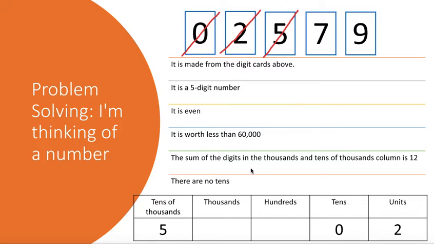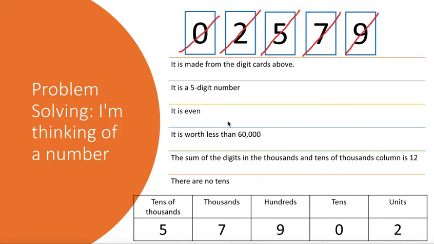The sum of the digits in the thousands and the tens of thousands column is 12. So I know that 5 plus something must equal 12. Which is it? 5 plus 7 is 12 or 5 plus 9 is 12? I know that 5 plus 7 is 12. So I know that in the thousands column, the 7 belongs. And that leaves me with just the 9 to put in the end.